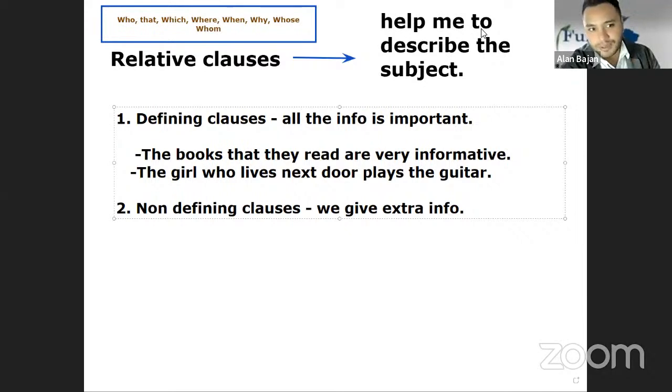That is the book, ese es el libro el cual habla sobre ser autosuficiente. Is that clear? It's very easy to mix them because they are kind of similar, but at the end, the difference is that in the non-defining clauses, I can take out one part of the sentence and the sentence still makes sense.